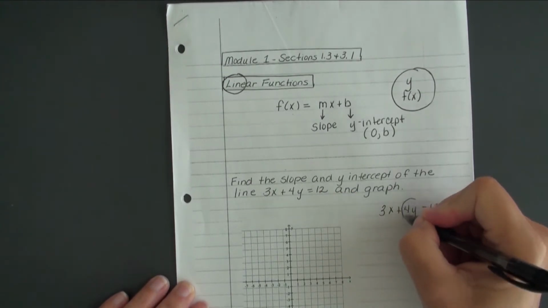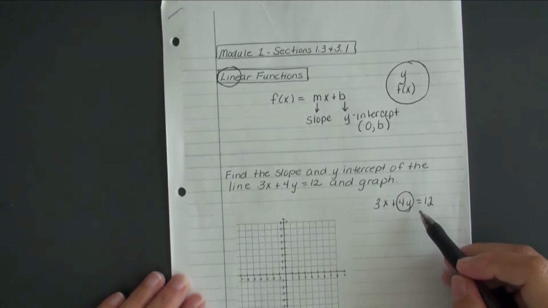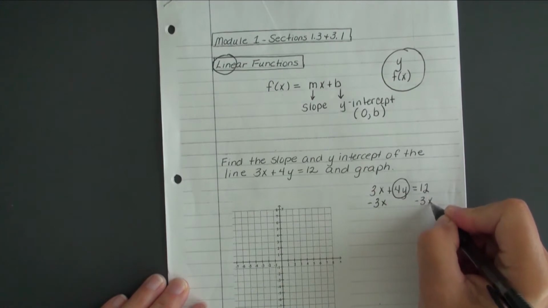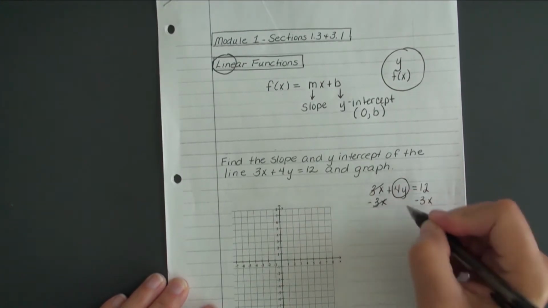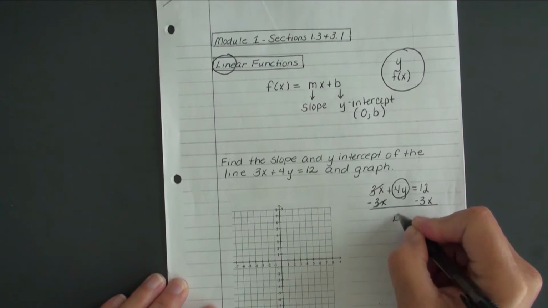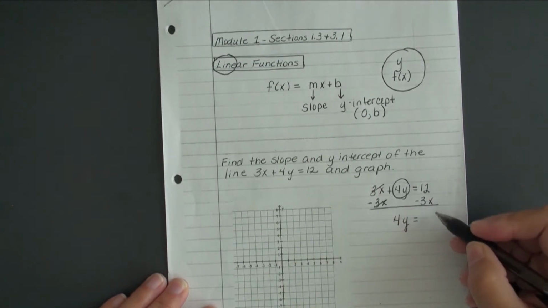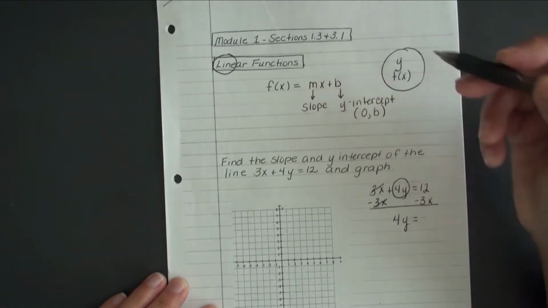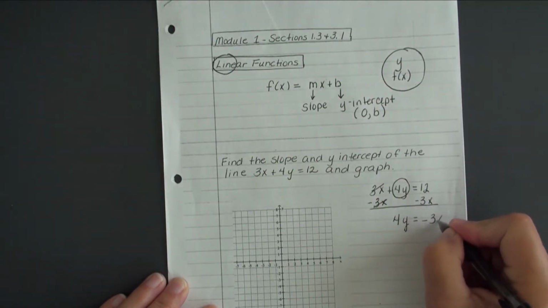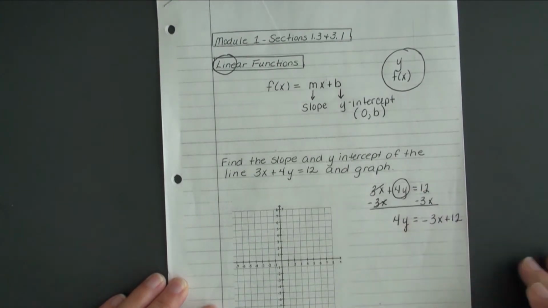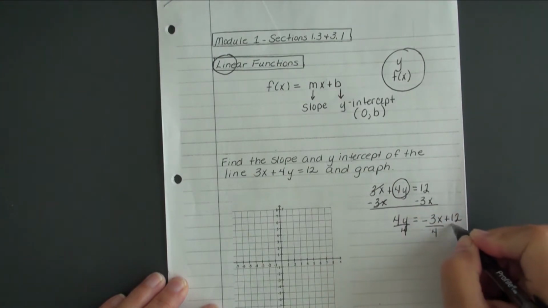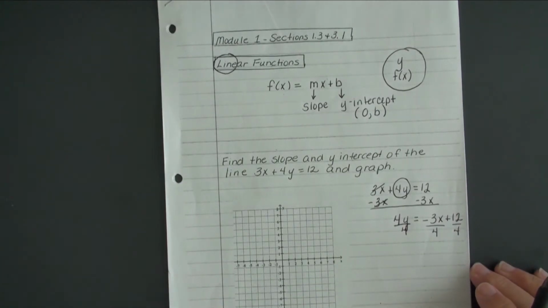And if I'm solving for y, I'm going to leave the y term alone, and I'm going to subtract 3x from both sides. That gives me 4y equals, now I want to put the x term first as it is in the equation of the line. So I will write negative 3x plus 12. Now we're still solving for y, and so I need to divide each term through by 4.